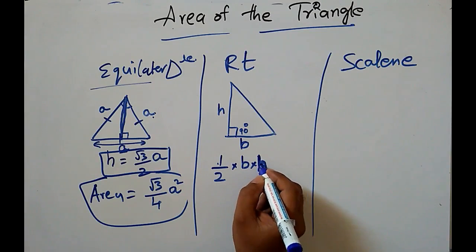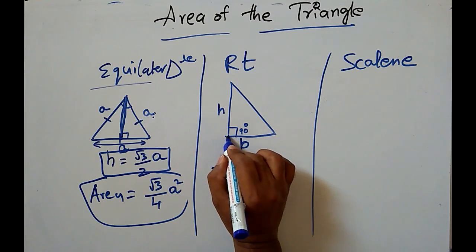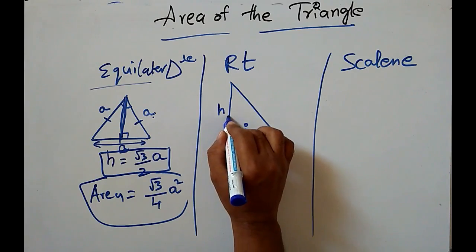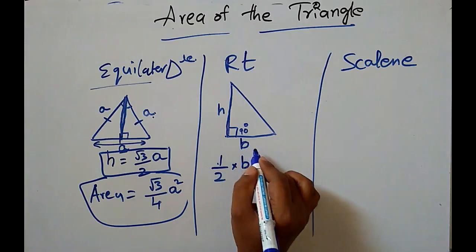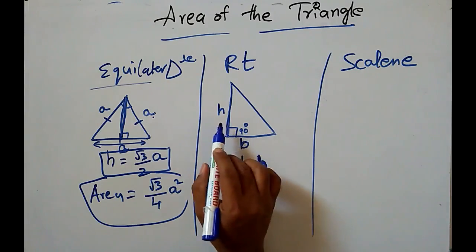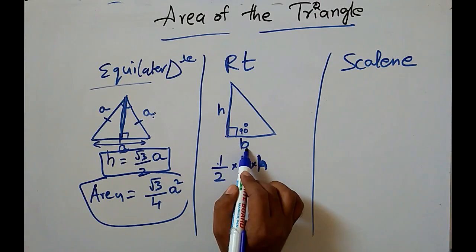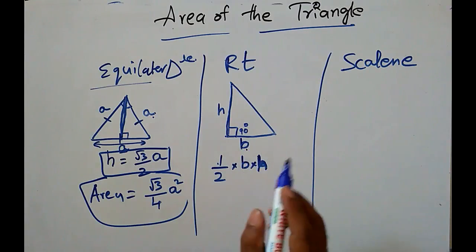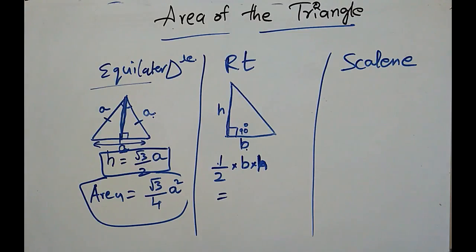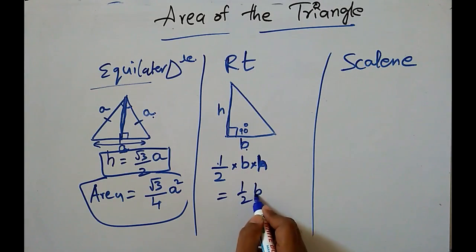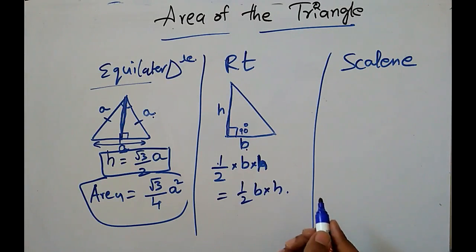Here in a right angle triangle, one of the sides acts as the height. So by multiplying the sides of the 90 degrees angle, we will get the area of the right angle triangle. Okay, friends, half into base into height.